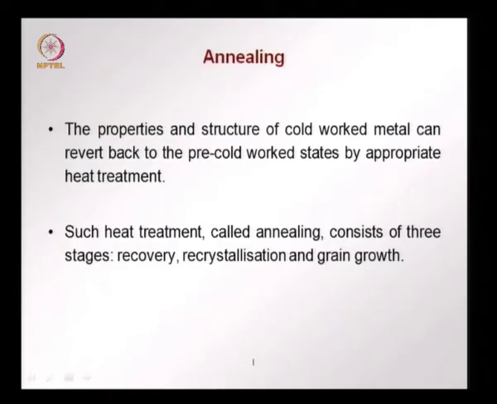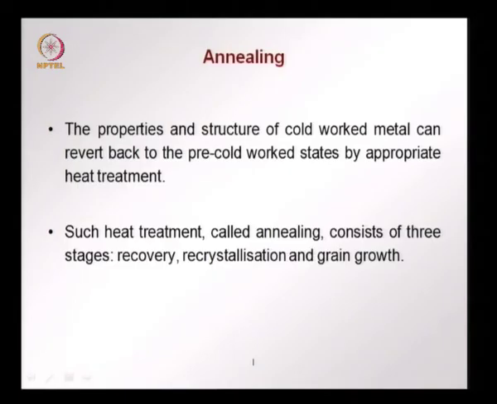So, annealing is a process by which the properties and structure of a cold work metal can revert back to the pre-cold work state, that is the original state, by using heat treatment. Remember that strain hardening is done at ambient temperature. Now, when we anneal it at higher temperatures, we bring the material back to the original state.